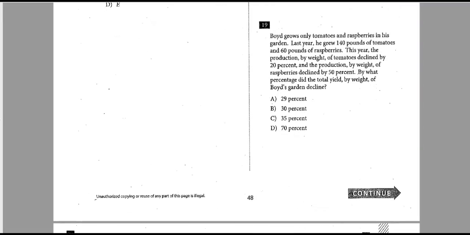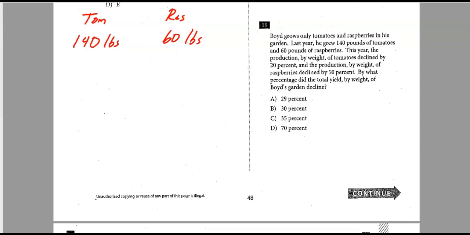19. So Boyd grows tomatoes and raspberries in the garden. Last year we had 140 pounds of tomatoes. Raspberries, we had 60 pounds. This year, production by weight of tomatoes declined by 20%.